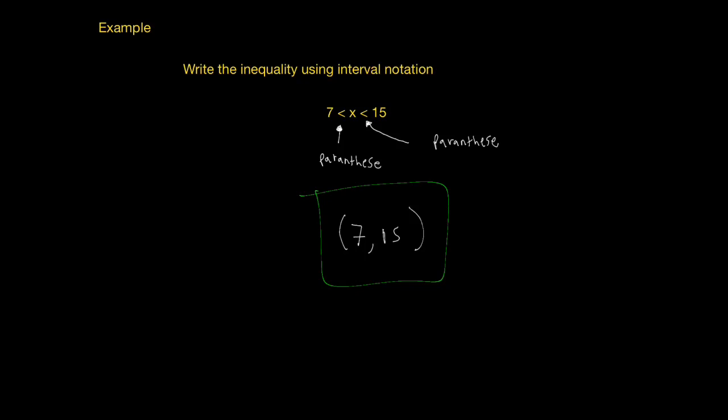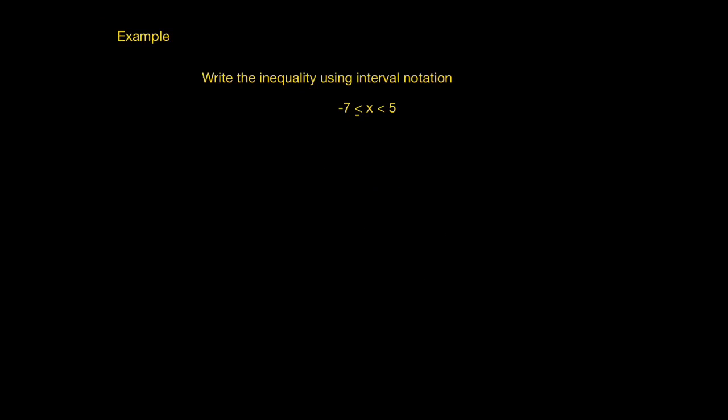Let's try this with a couple more examples. Now here we see that on the left there's this bar, so this is less than or equal to. So here we're going to have to use a bracket. On the right we see that we have a strict inequality. There's no bar below this symbol, so here we're going to use a parenthesis.